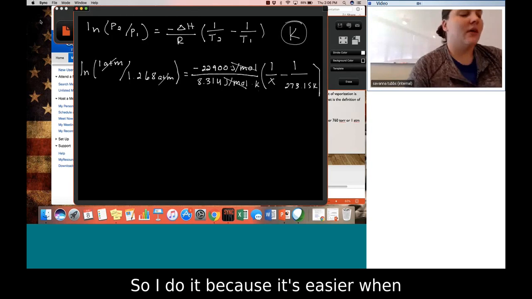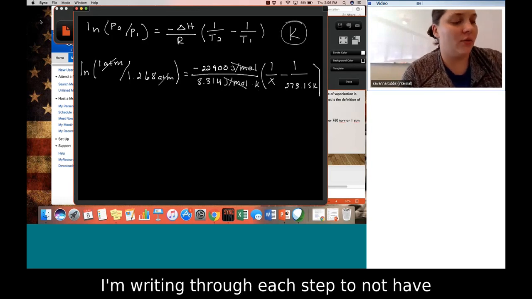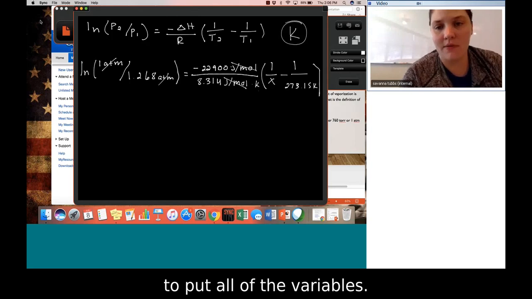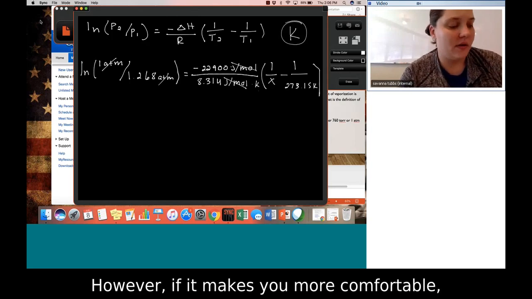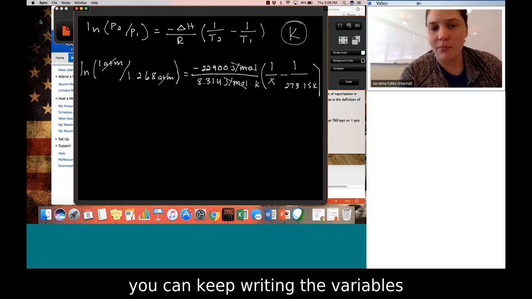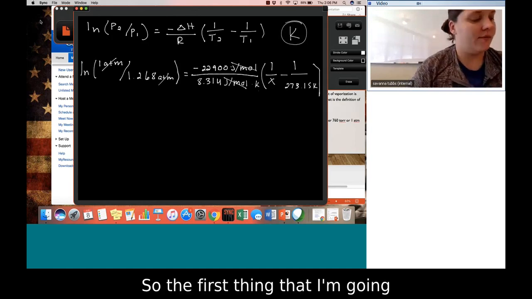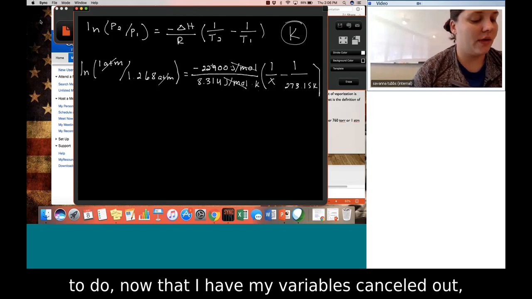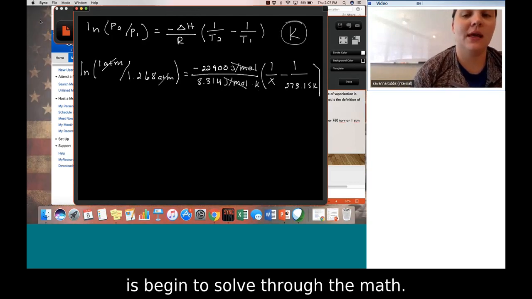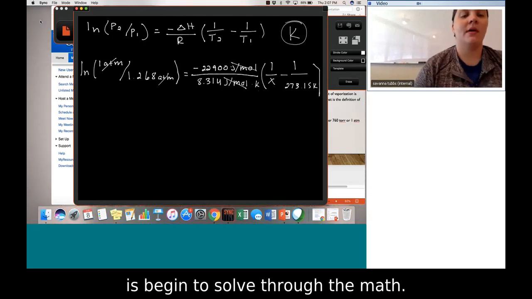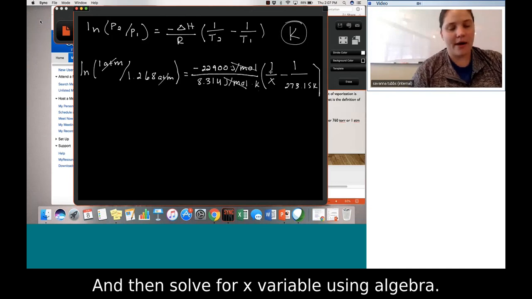I do this because it's easier when I'm writing through each step to not have to put all of the variables. However, if it makes you more comfortable, you can keep writing the variables throughout the process. So now that I have my units canceled out, I'm going to begin to solve through the math and then solve for our x variable using algebra.